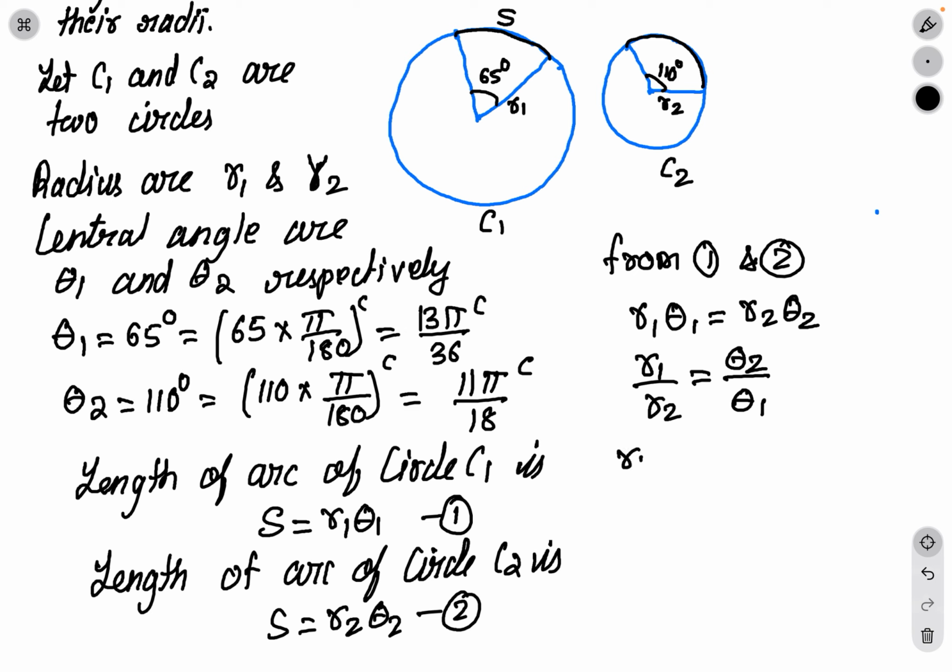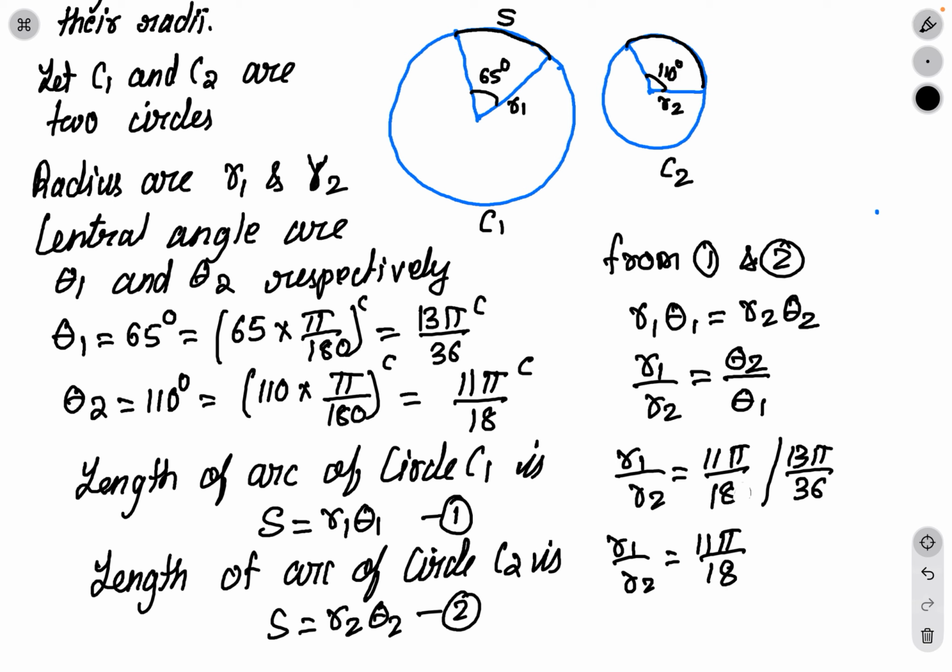So R1 upon R2 is equal to 11 pi upon 18 divided by 13 pi upon 36.